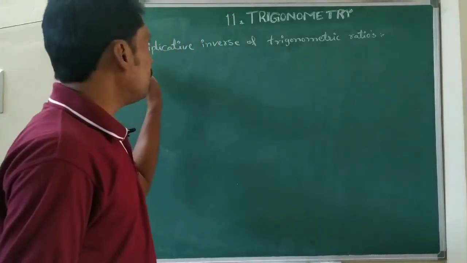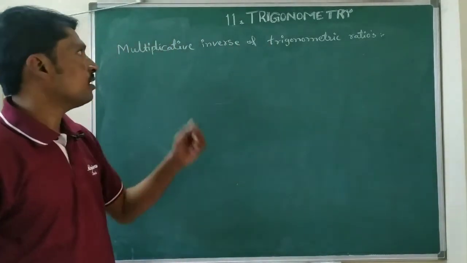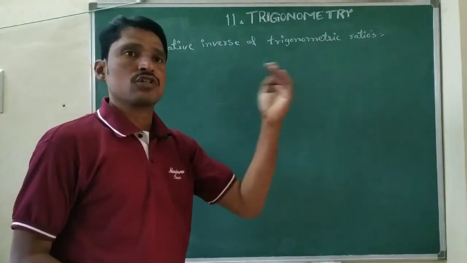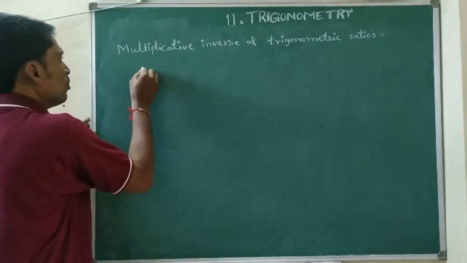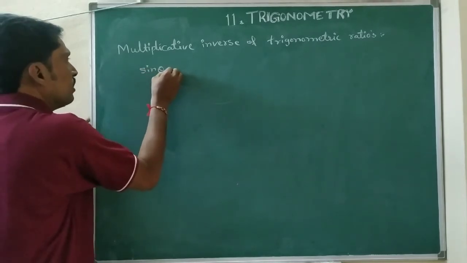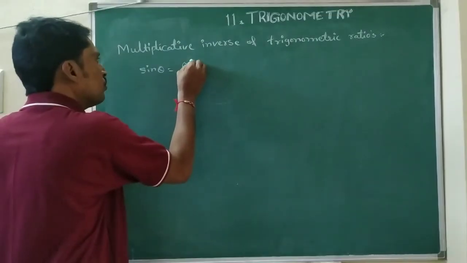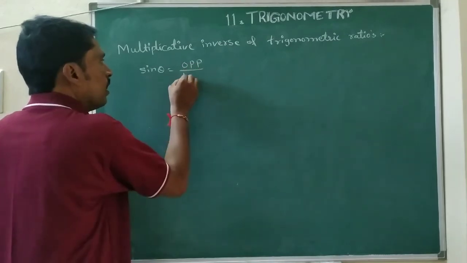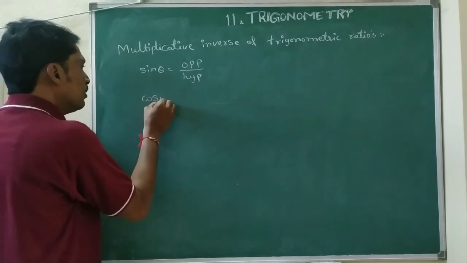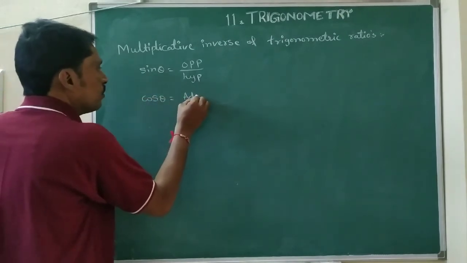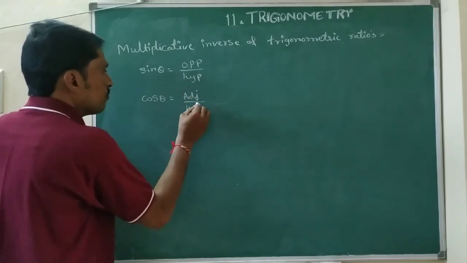Now, the multiplicative inverse of trigonometric ratios. Before going to this topic, let us see what the trigonometric ratios are. Simply I will write here. Sin theta, where I am taking the angle as theta, is the opposite side to theta by the hypotenuse. Next, cos theta is the adjacent side to theta by the hypotenuse.